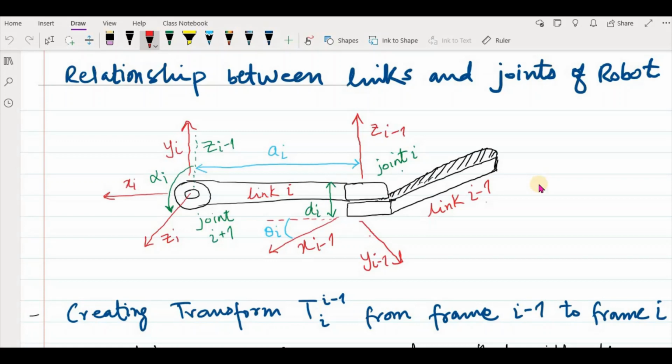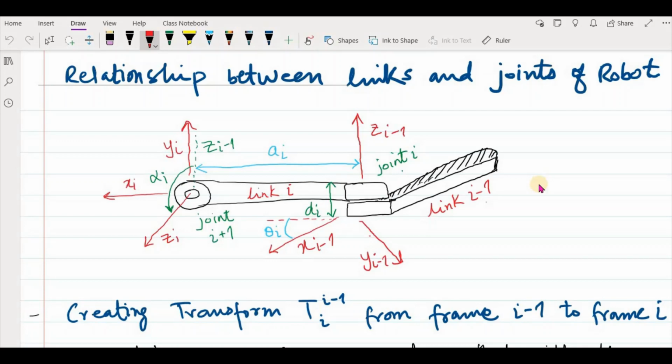So we have two links here, and we also have two joints, which are joint i and joint i plus 1. As we talked about in the previous slide, we attached a reference frame, a coordinate system, to the joint i, and this reference frame will have a z-axis where this joint motion is.